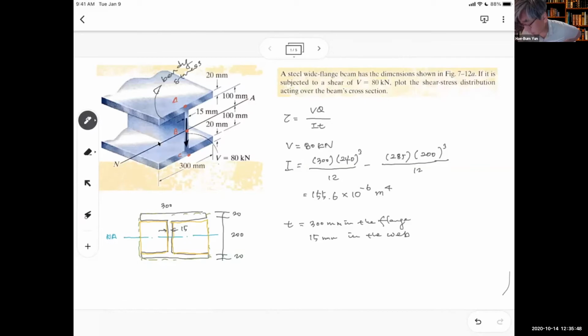And we know that bending stress is larger when we have away from the neutral axis, right? And the web is to carry the shear stress.